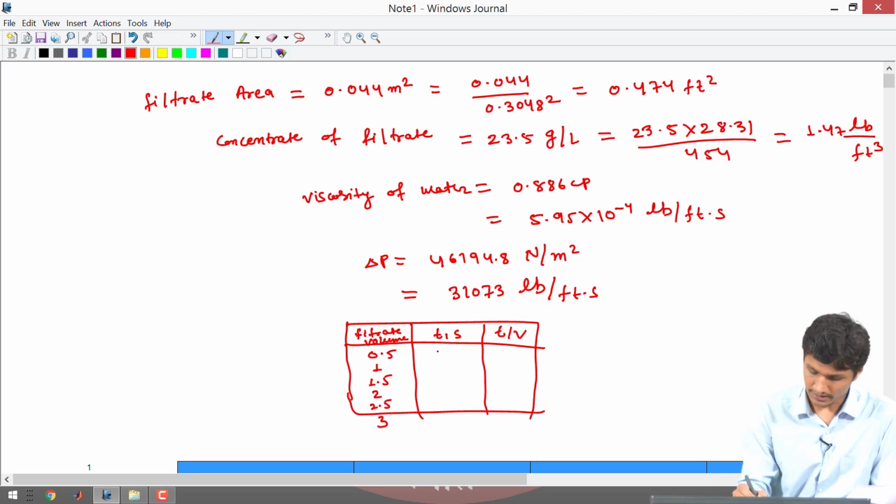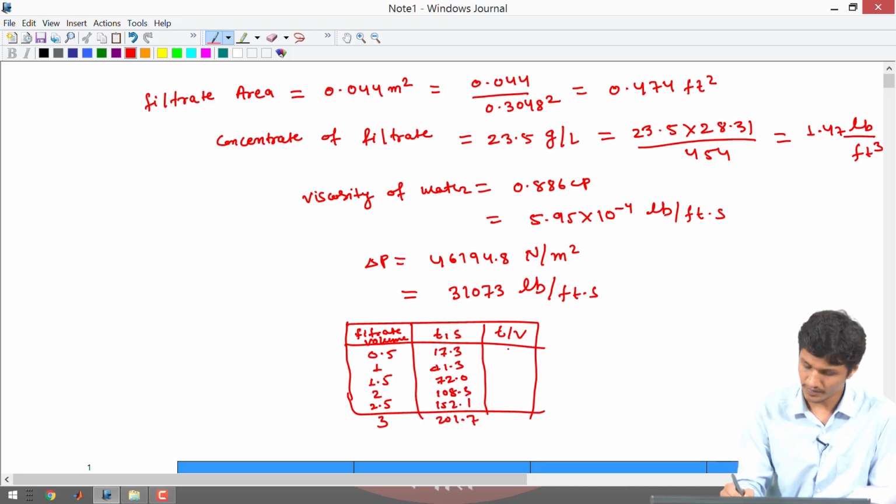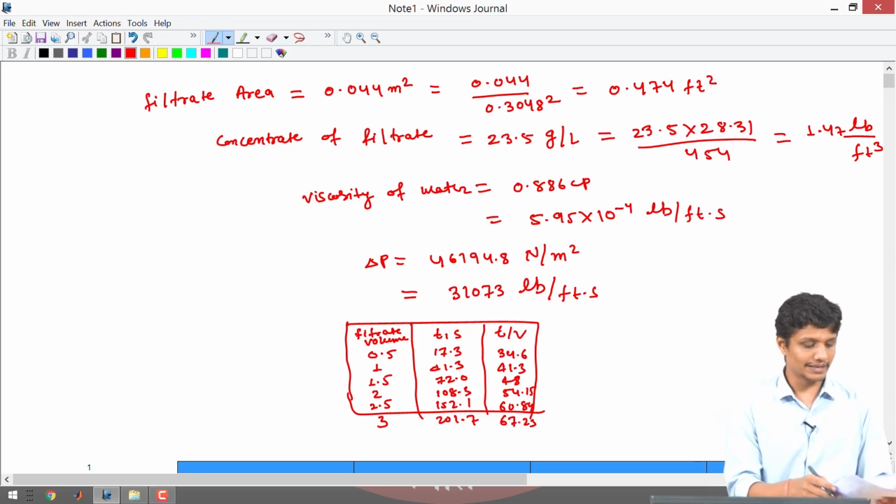Time is 17.3, 41.3, 72.0, 108.3, 152.1, 201.7, and T by V is given as 34.6, 41.3, 48, 54.15, 60.84 and 67.23.